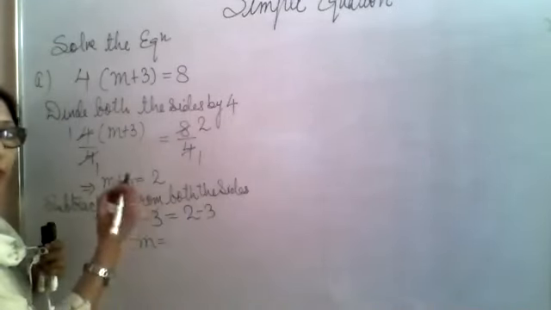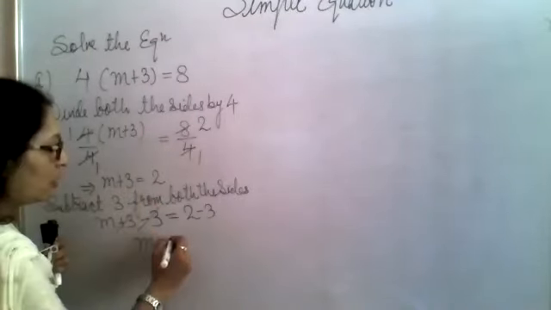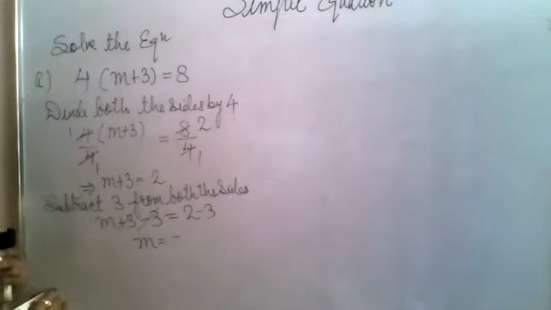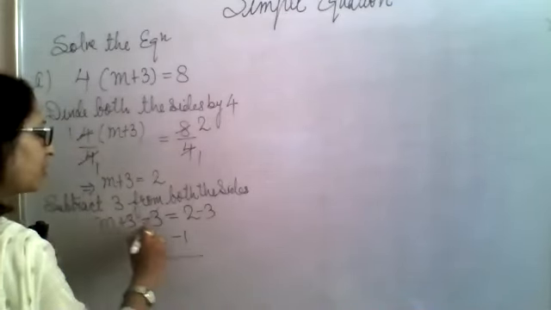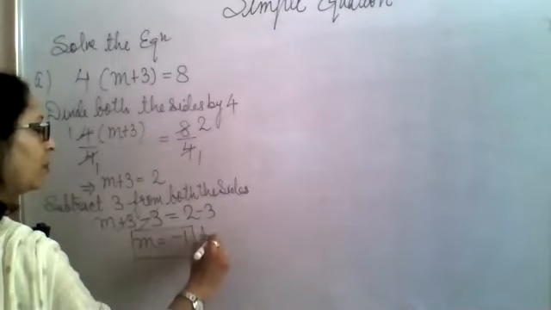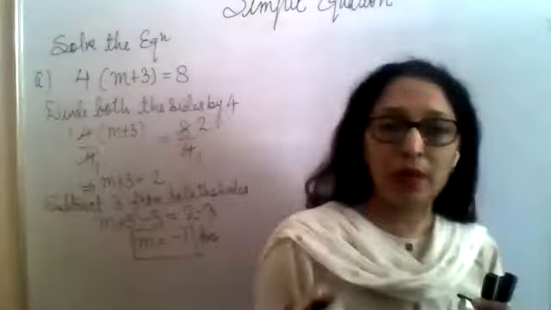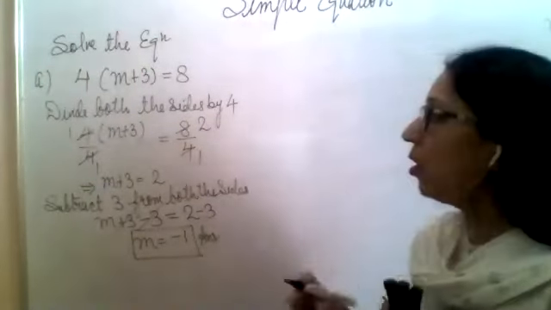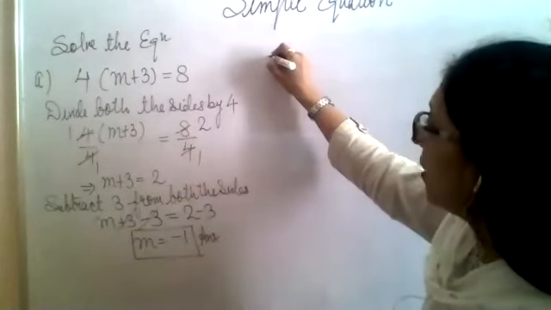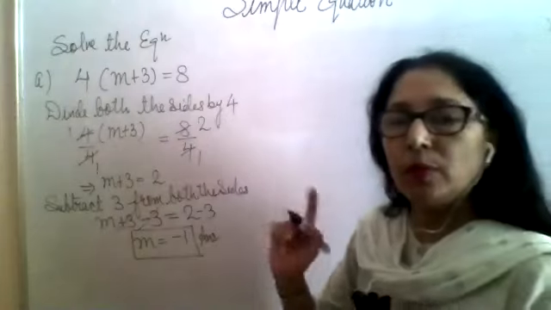Different sign, subtraction, greater number has minus sign. So you will put minus. 3 minus 2 is 1. Your answer is coming minus 1. This method is systematic method where we add, subtract, divide, multiply the same number both the sides.